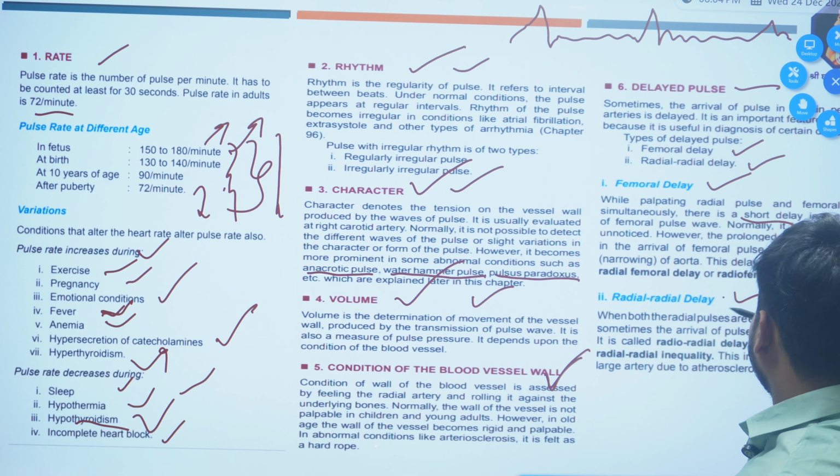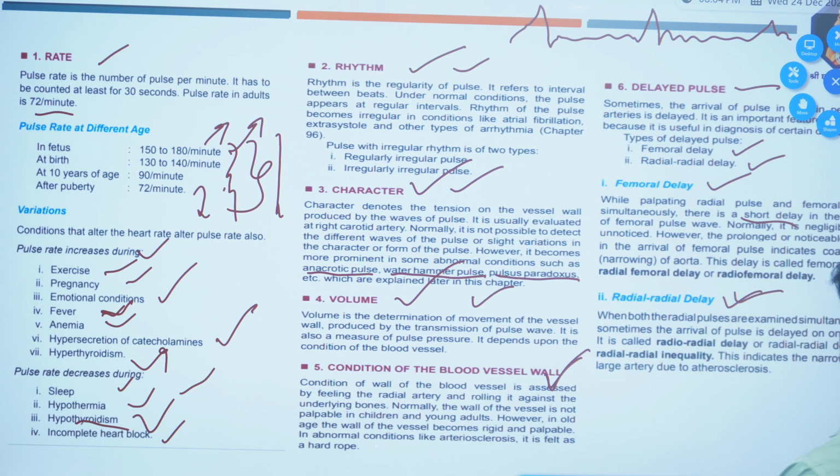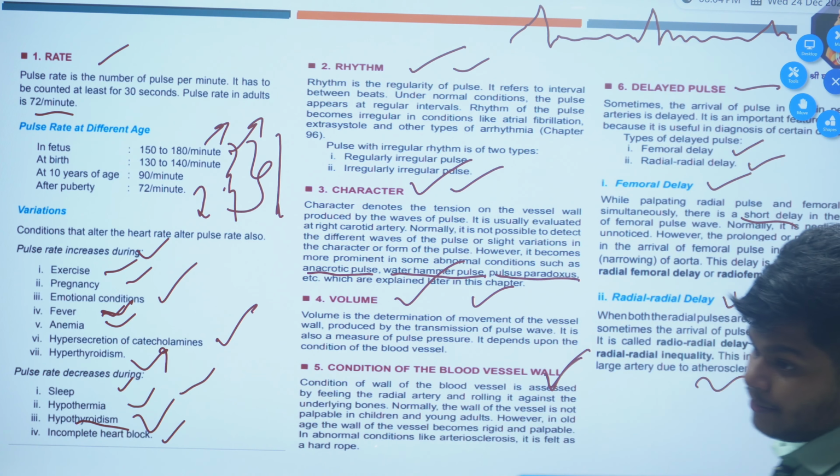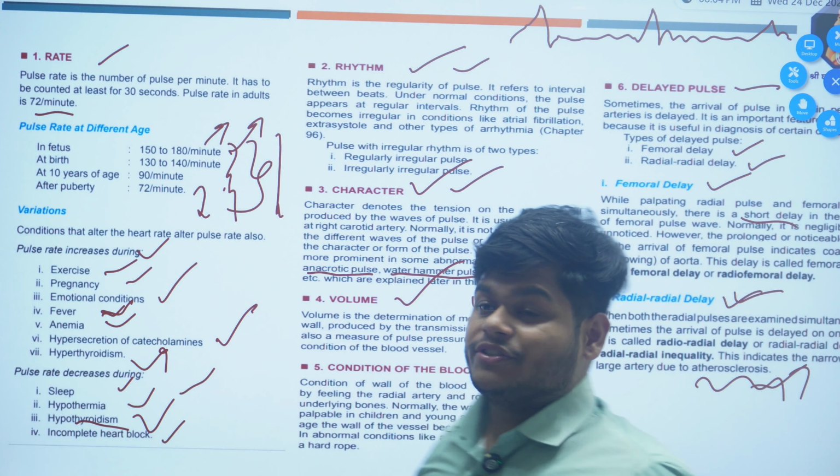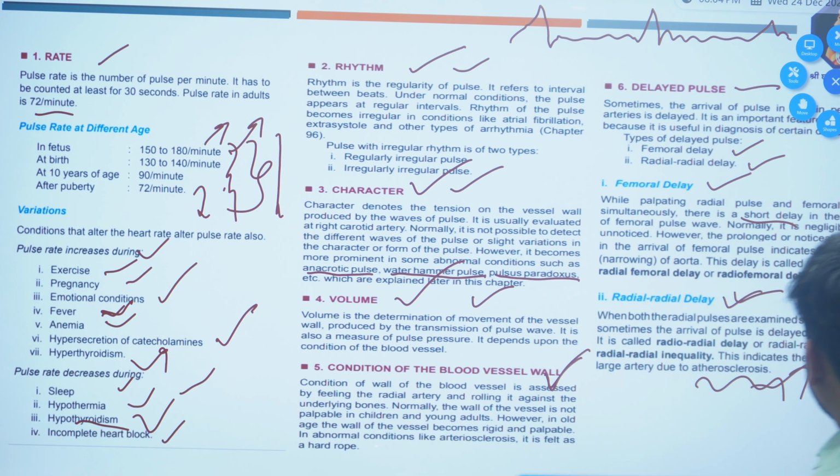Now radial delay. When both radial pulses are examined simultaneously, sometimes the arrival of the pulse is delayed on one side. This is called radial delay or radial inequality. It indicates narrowing of a large artery due to atherosclerosis, a pathological term where there is fat deposition. We have learned this in past classes, right?